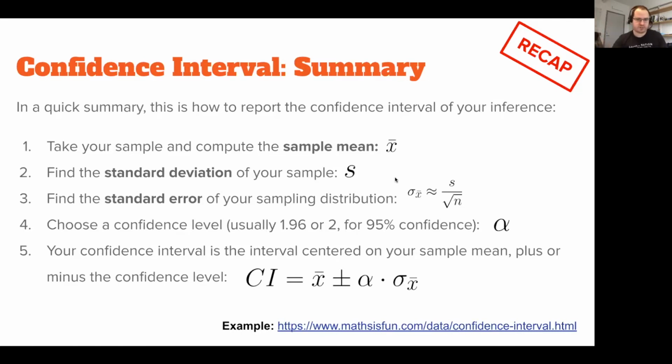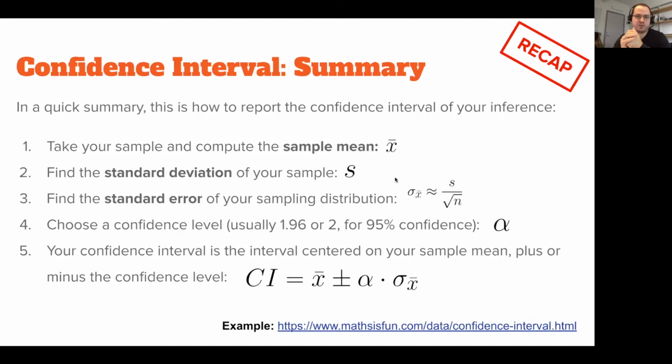And whatever value you end up using for this alpha, you just multiply it by the standard error to the left and multiply it by the standard error to the right. And it's always this symmetric space where you have the same amount of data to the left, same amount of data to the right. Because the confidence level is always two-tailed, as we say.